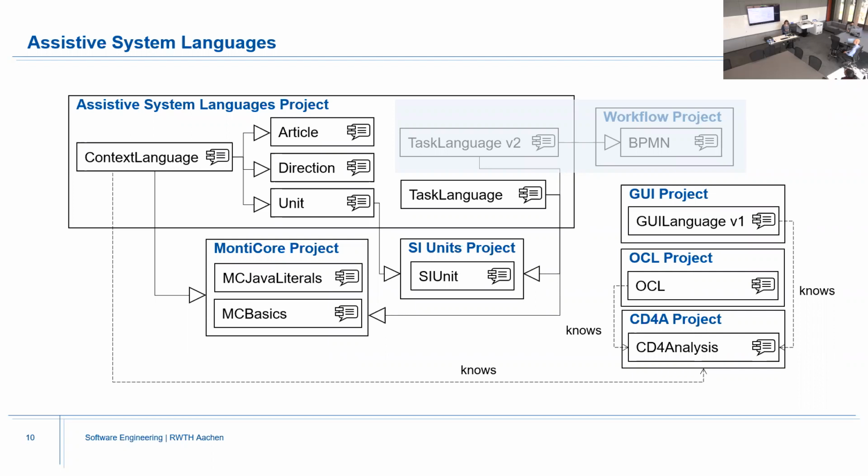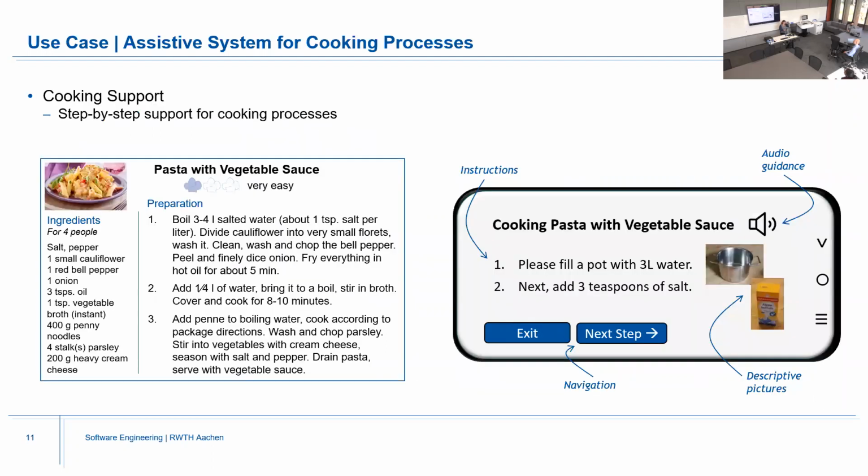Now, to make it a little bit more concrete, the use case we have mainly been working on for this assistive system in the first version is that we provide cooking support. So basically you have a recipe with certain steps, which you then have to translate into a list of tasks.